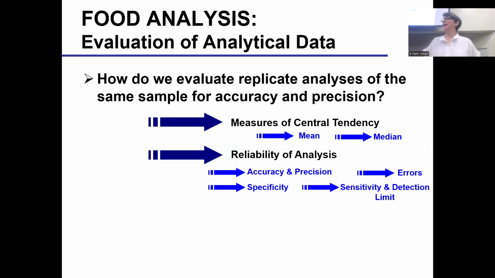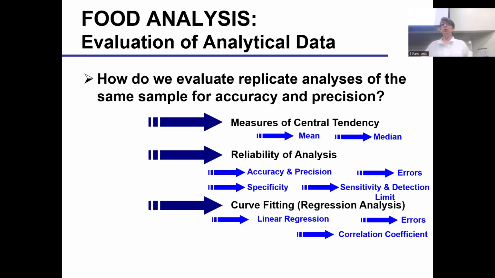Exactly. So if we're looking for total carbohydrate, we might not need a specific method for glucose or fructose or lactose. So how specific do we want to be in the analysis? What are we really analyzing? And then there are two terms that people often confuse with each other: sensitivity and detection limit. We'll get to that on another slide.